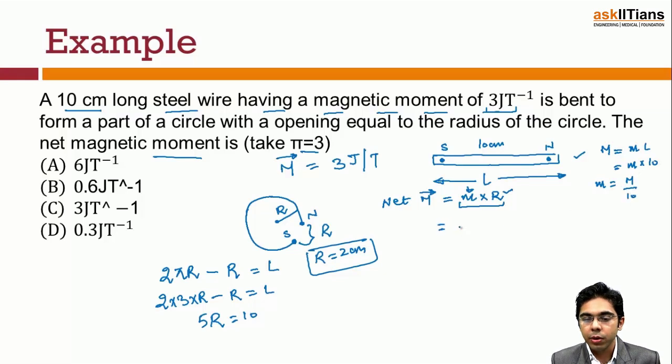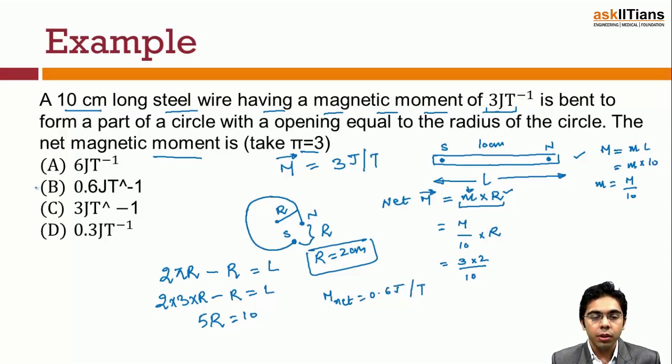Let's substitute the value: M by 10 into R, or M by 10 into 2, which equals 3 into 2 divided by 10. Hence the net magnetic moment comes out to be 0.6 joule per Tesla. According to the options, option B should be the correct one.